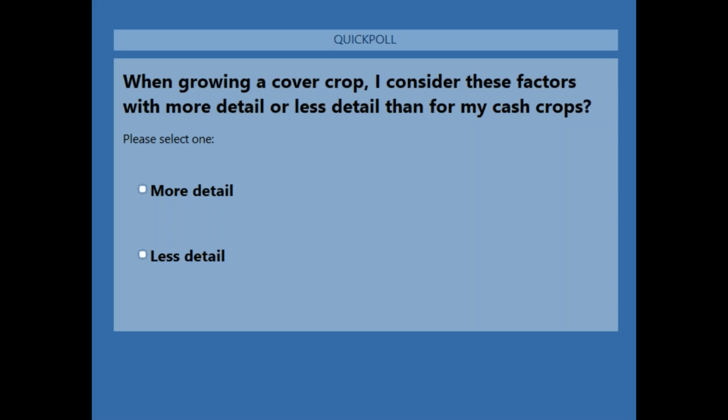I want to know, would you say that you think about some of those factors that I just showed when you're thinking about your cash crop, or for your cover crop, excuse me, are you thinking about those factors with more detail or less detail? So we'll give that a minute. So yeah, when you think about your cover crop, do you consider some of those management factors with more or less detail? I know I'm making you choose one. You got to only pick one answer here.